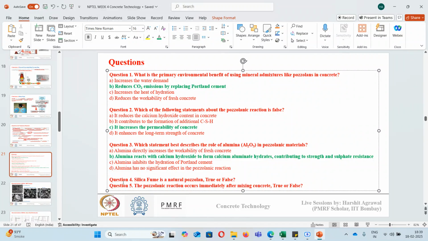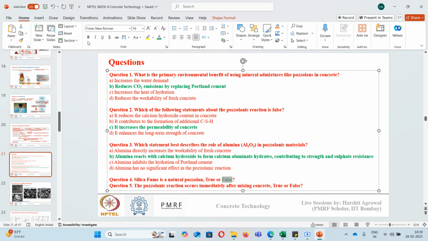Fourth question: silica fume is a natural pozzolan, true or false? So the answer will be false. Why? Because silica fume is an artificial pozzolan. It is a byproduct from the production of silicon metal in an electric arc furnace. We are not obtaining silica fume naturally, but as a byproduct from an industry.